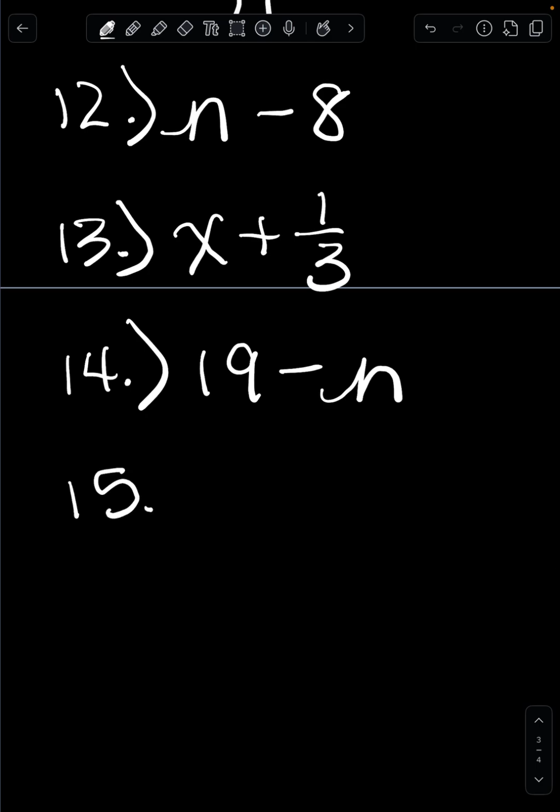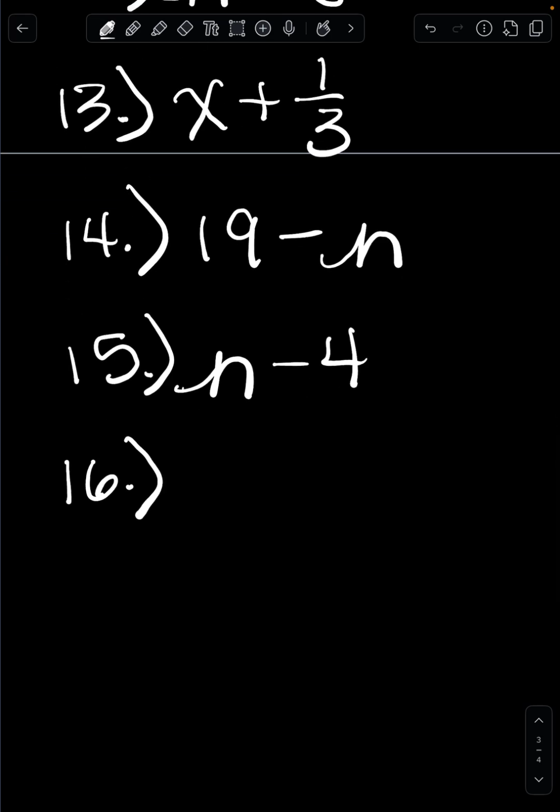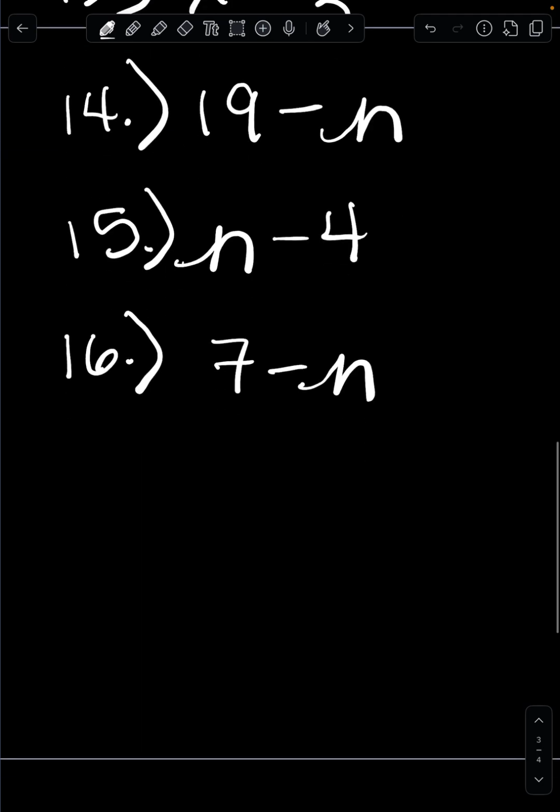Number 15, 4 less than a number. Less than is minus 4, n minus 4. Number 16, the difference of 7 and a number. This is subtraction. Difference means subtraction. So 7 minus n.